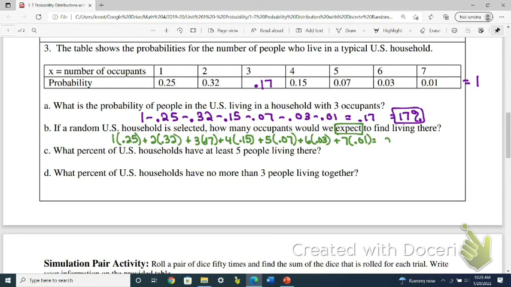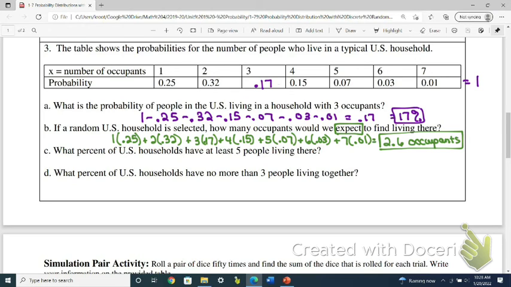We get 2.6 occupants. So the average household has between 2 and 3 occupants living in it when they took this survey.